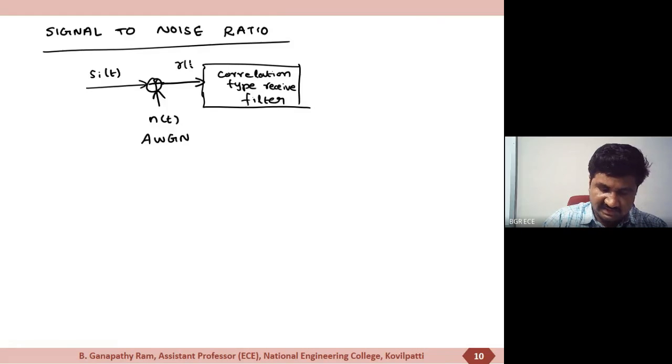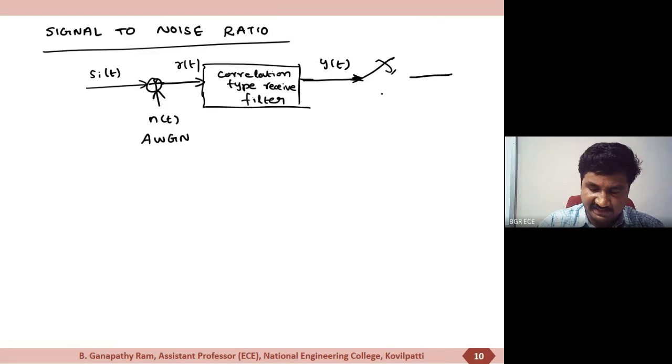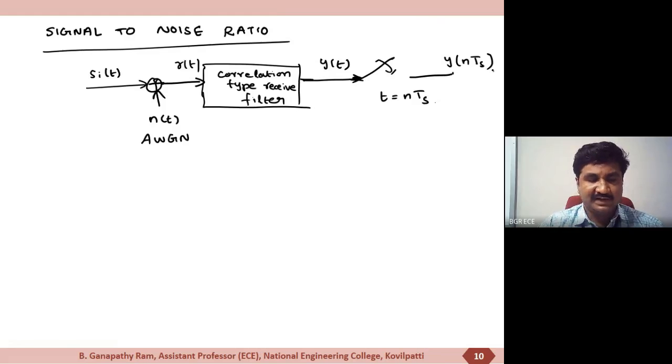The input is R of t, and let us assume the output as y of t, and this is sampled by the sampler at t is equal to nTs, and at the output we will have y of nTs.